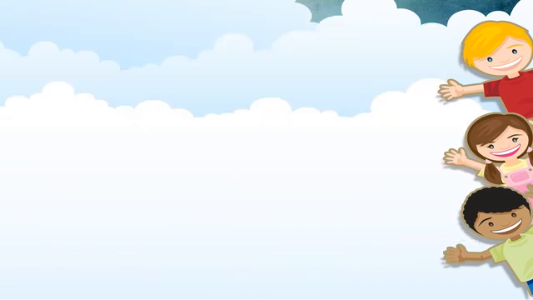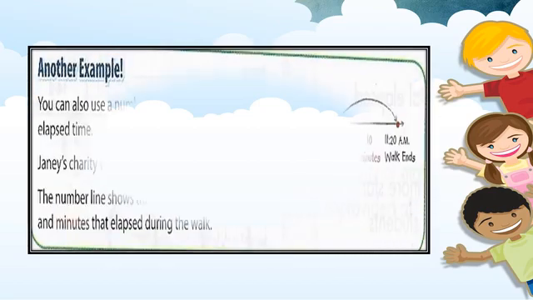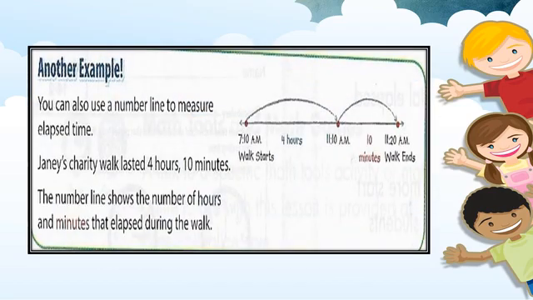So aside from using clock faces, we can also use a number line to find the elapsed time. Like this example on page 747. Janie's charity walk lasted 4 hours and 10 minutes. The number line shows the number of hours and minutes that elapsed during the walk.